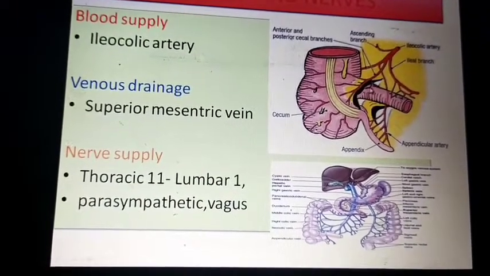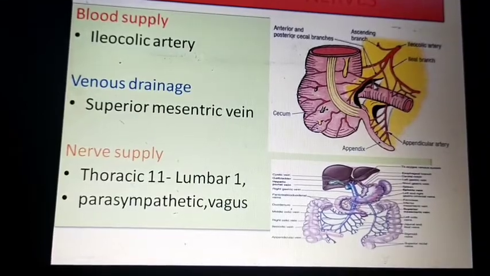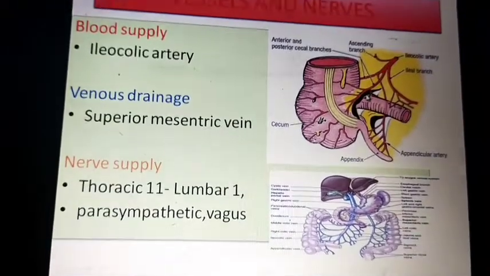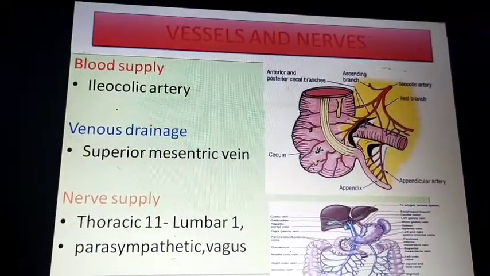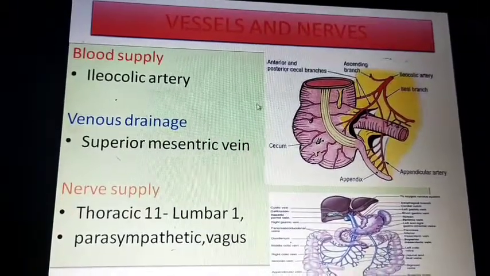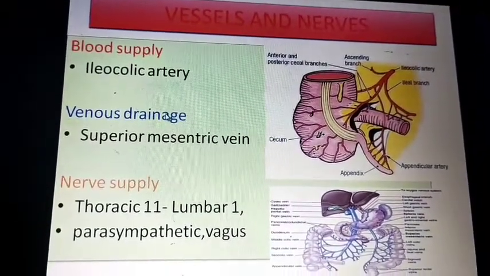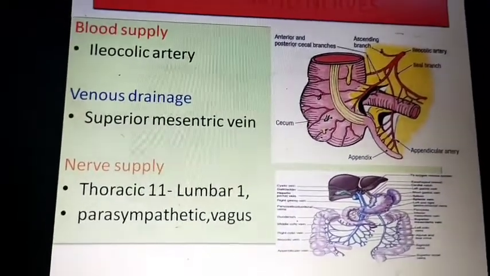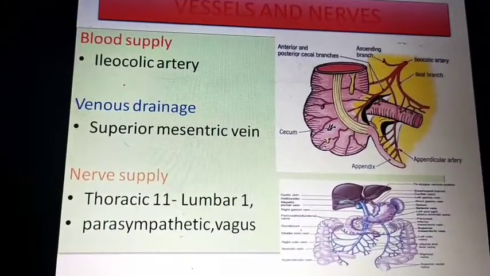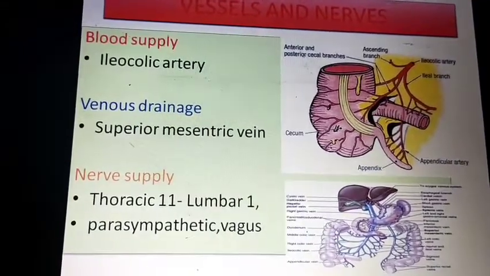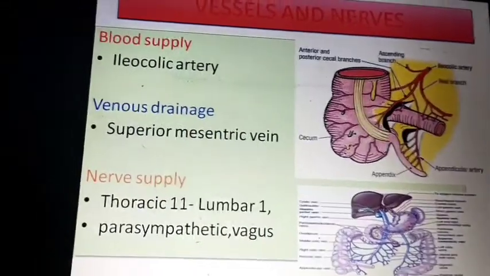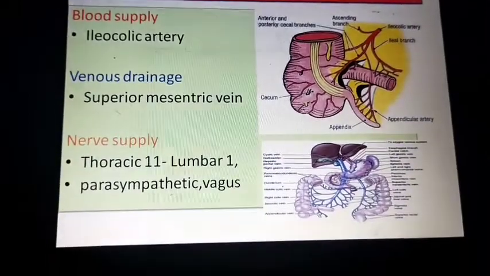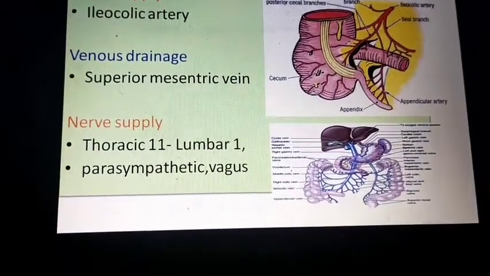It further divides into the ileal branch, and also into anterior and posterior cecal branches. Venous drainage is by the respective veins to the superior mesenteric vein, which drains into the portal vein.